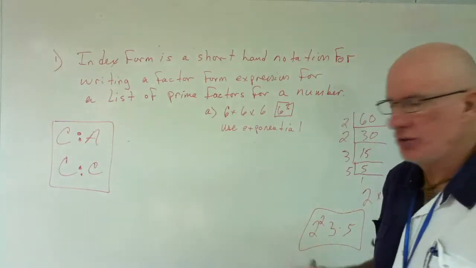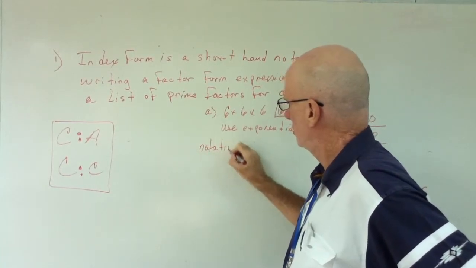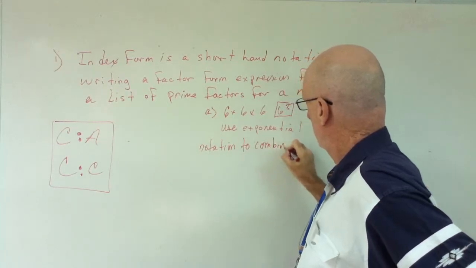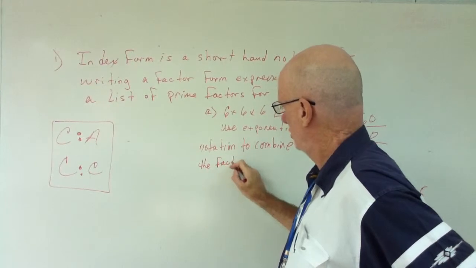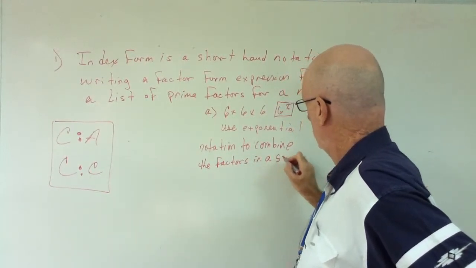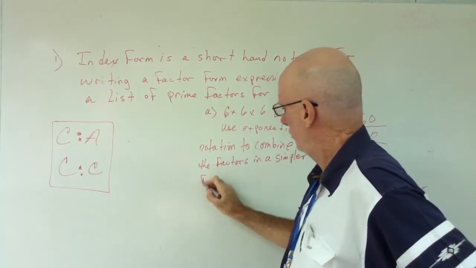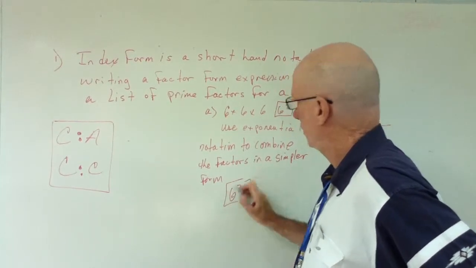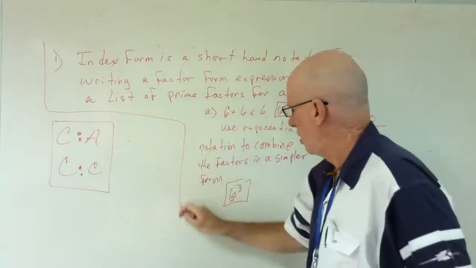So you're going to say use exponential notation to combine the factors in a simpler form. 6 cubed. You get it? That's number 1. All that.